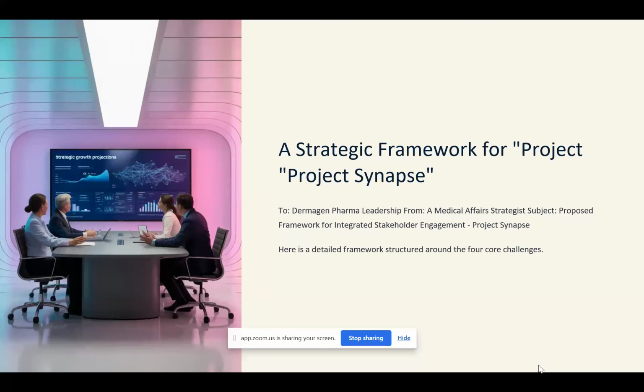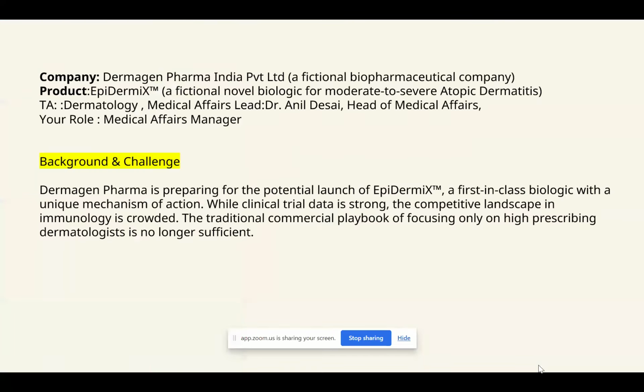Perfect. Okay. So if you remember, we had given this case of Dermagen Pharma India Limited with their product Epidermix, which is a novel biologic for moderate to severe atopic dermatitis.